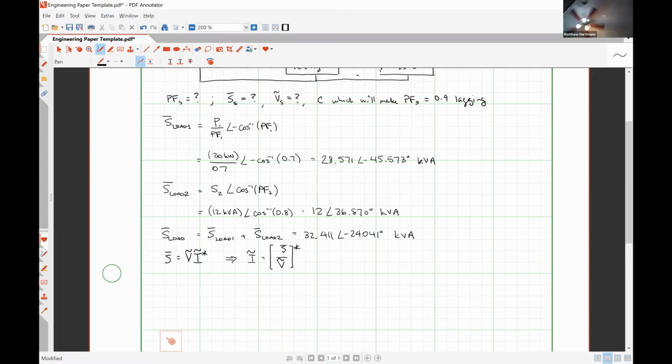So if we take the complex conjugate of the right-hand side, that's going to give us I phasor, not I conjugate, and we're looking for I phasor.